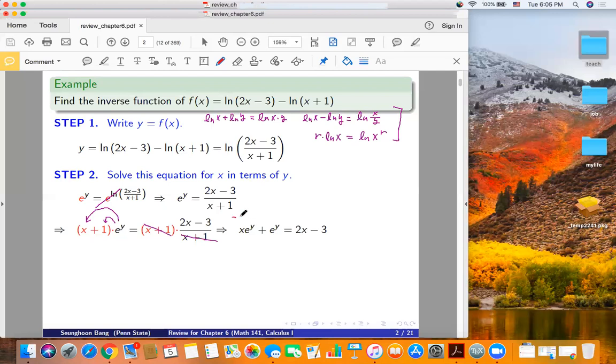You subtract x, here, erase. So like this. You subtract x e to the y from both sides.